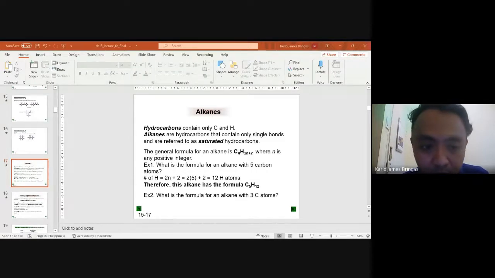Okay, I think that's the number of H atoms, but what I'm looking for is the formula itself. So please type in the chat box, what is the formula of this alkane with 3 carbon atoms?